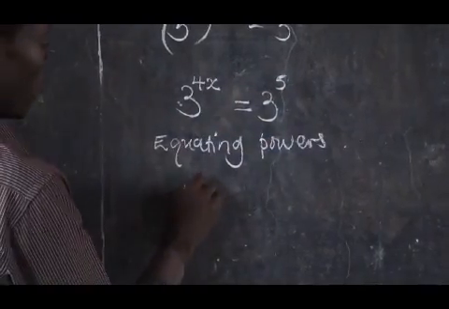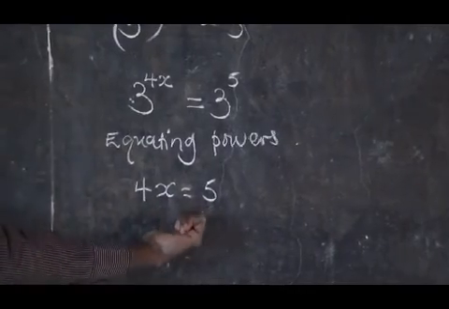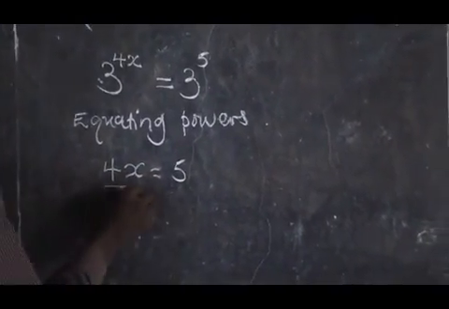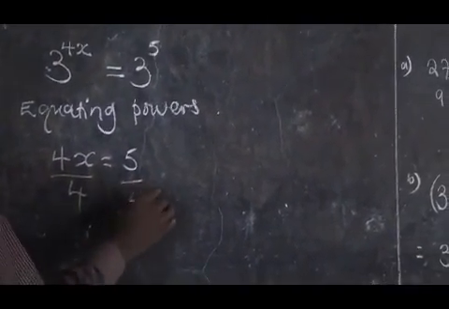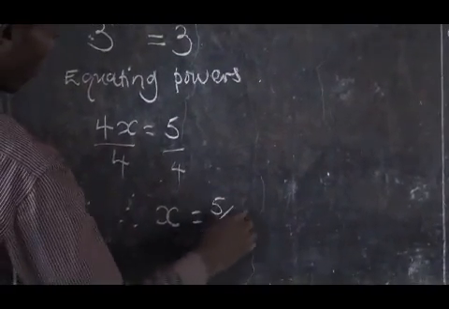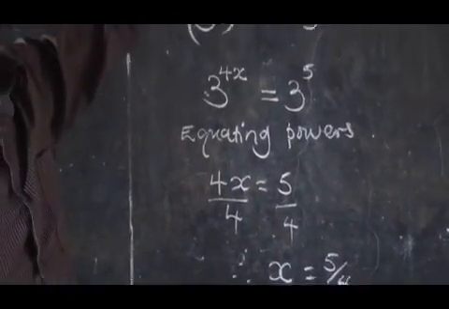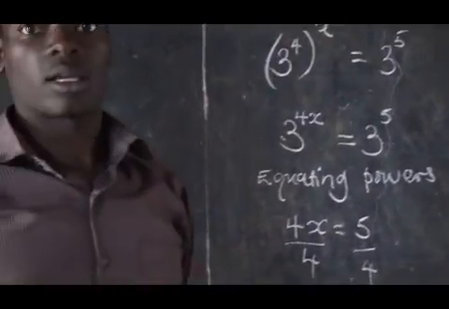So we say 4x is equal to 5. Here we can easily determine the value of x by dividing by 4. We divide by 4. Therefore, x is going to be equal to 5 over 4 as our answer to this question. Thanks a lot.